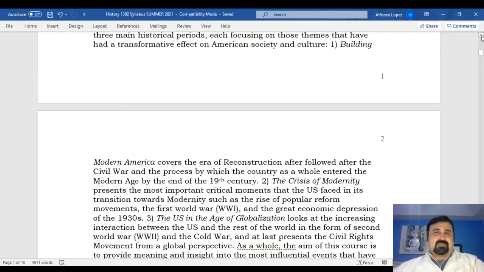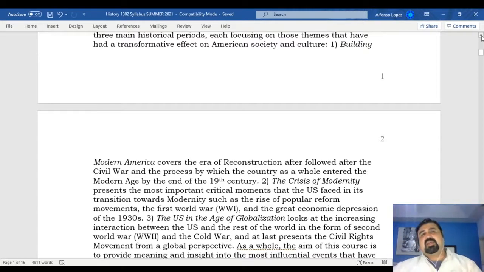So we're going to place a strong emphasis in this very first historical period, Building Modern America, on things like the scientific revolution and the technological revolution, and which technologies came into being during this time.